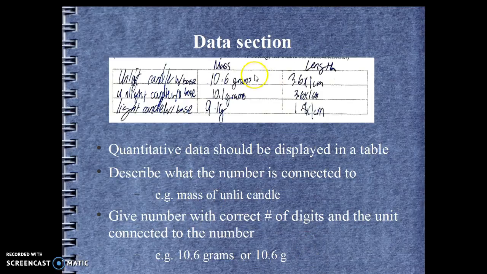One thing I would critique is whenever you do a table, particularly if you're going to put it on a spreadsheet, you should have the unit up here and only numbers in here. So mass would say open parenthesis g, or grams, and length would say open parenthesis centimeters, with then a closed parenthesis.